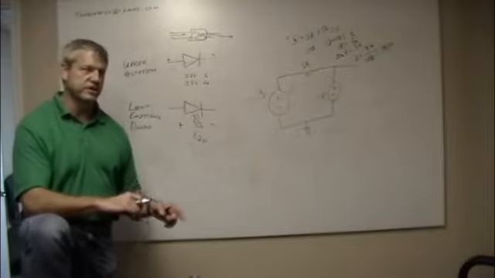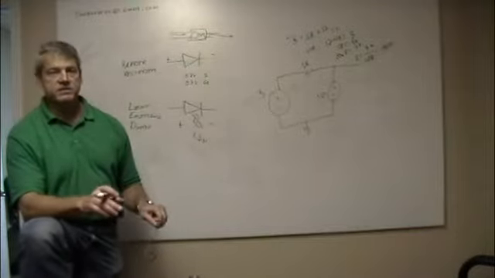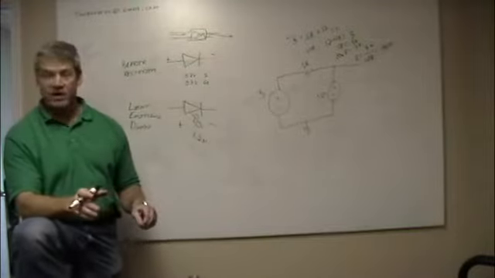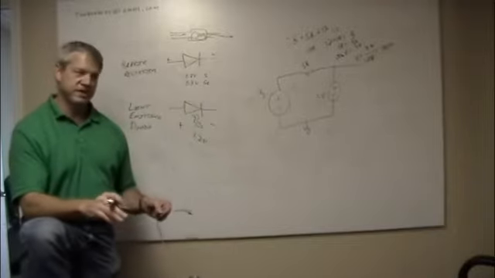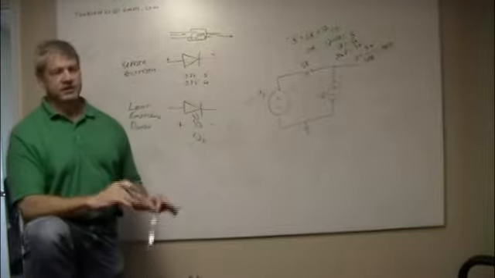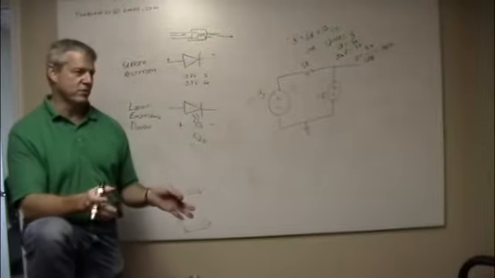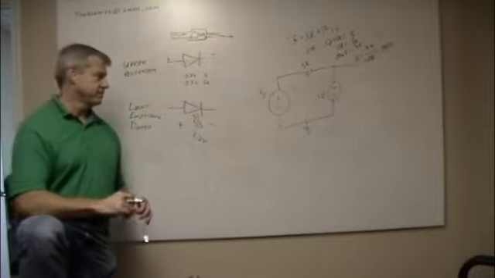Because blue's high energy. I got to get more energy to get a single photon. So what that practically means is that most often a red one will look a lot brighter than a blue one at the same energy. But blue ones are never the same energy. If you ever see a blue one, they're like, oh my God, that's really blue. And it's because they're putting a lot more energy into them. So you've got to play games there too.